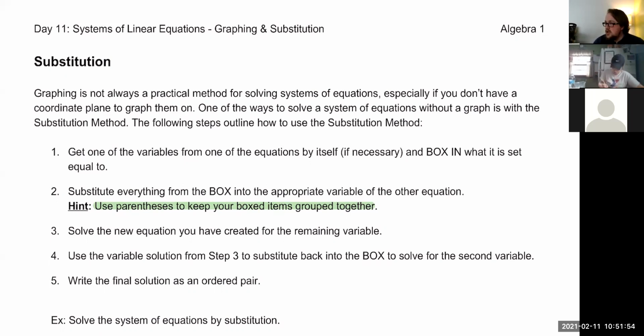By the end of the story, you should have a value for x and a value for y, which will allow you in step 5 to write your final solution as an ordered pair. Now, some of that might have been right over our heads. Wait till you see it in action.